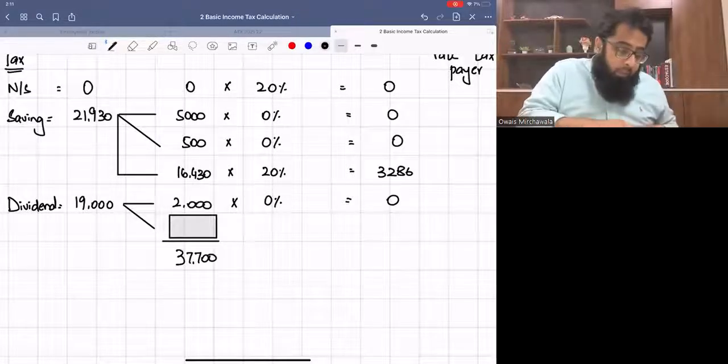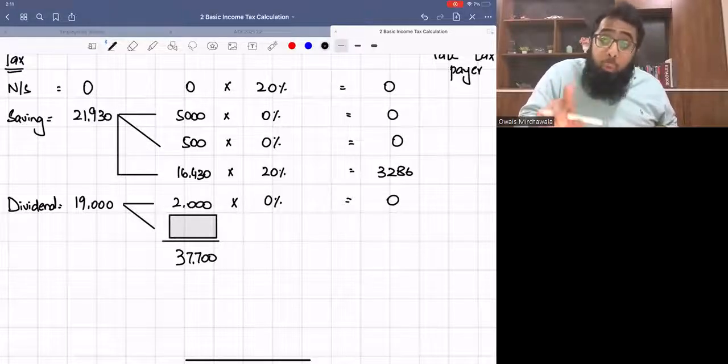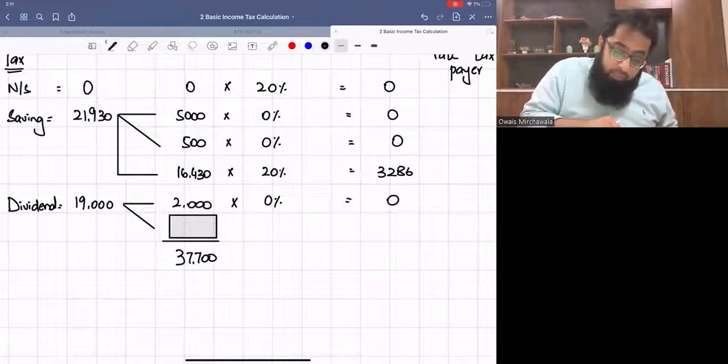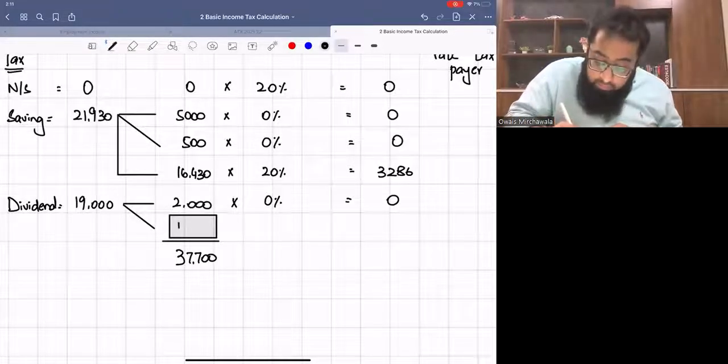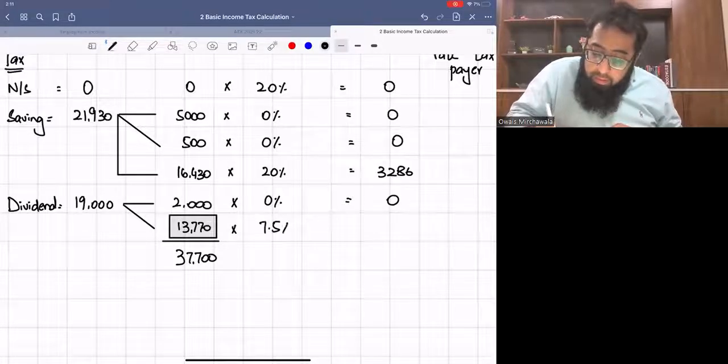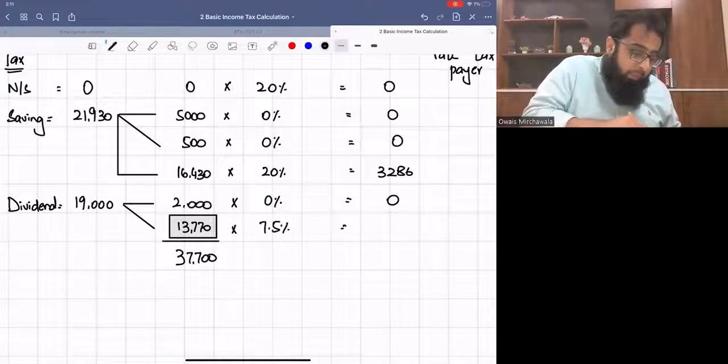Even the things charged at 0% band use the basic rate band. 5,000 minus 500, 16430 minus 2,000. So 13770 is remaining. In dividend, the basic rate band is at 7.5%.